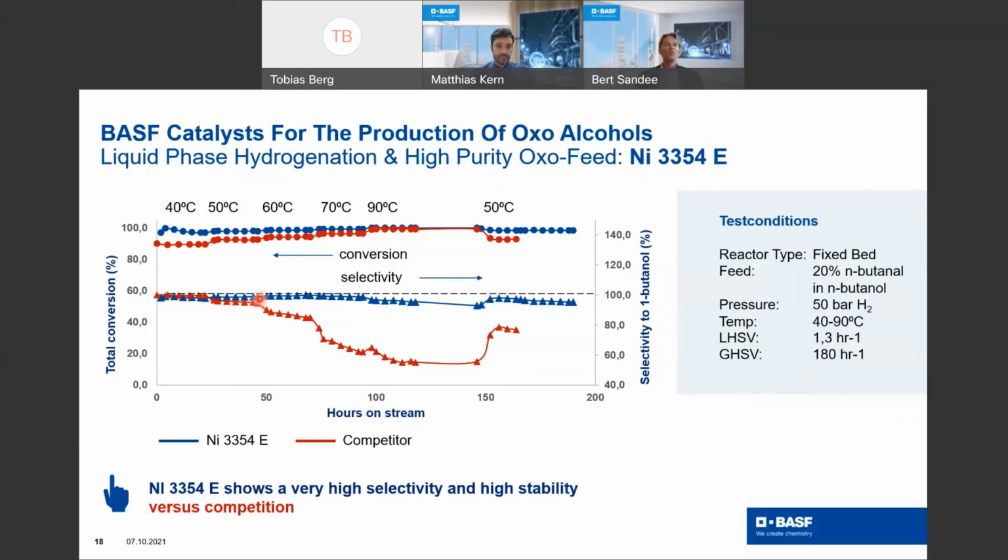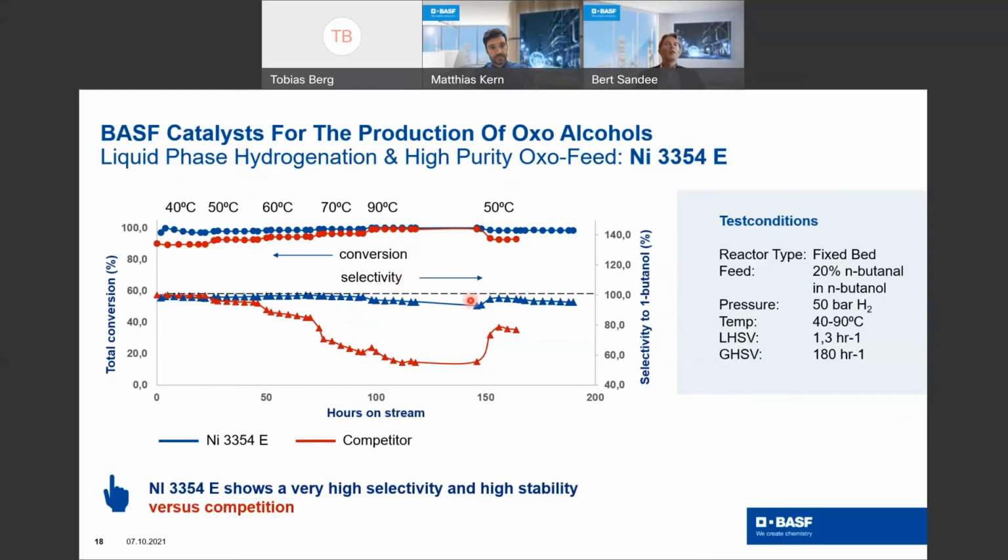But what does that do to the selectivity? Well, in general, normally when you go to high temperatures, you will drop a little bit in selectivity. And you see that for both catalysts, but actually to a larger extent in the competitor catalyst. And that's mainly because of the promoters that we have in 3354.